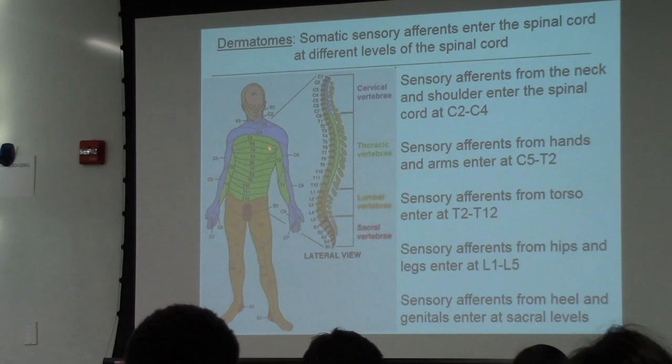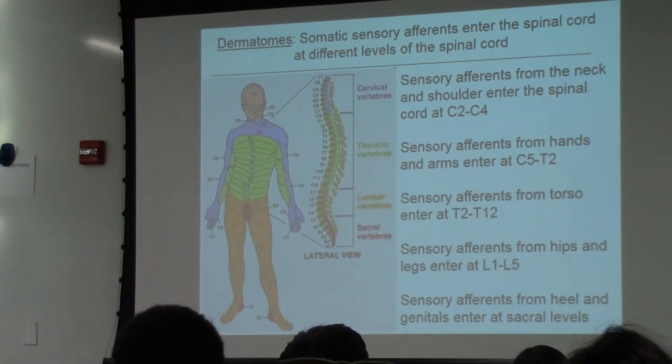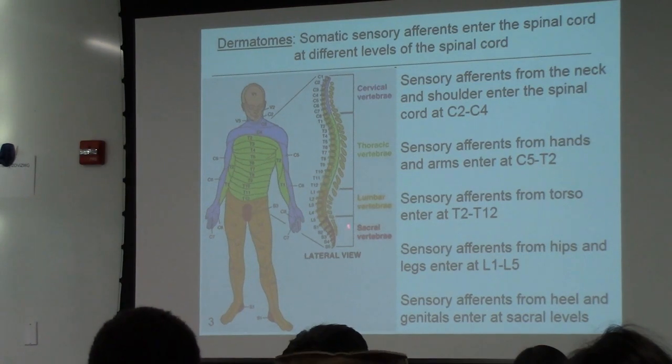Sensory afferents from the torso, T2 through T12. Sensory afferents from the legs and hip, L1 through L5. So here we're entering in this part of the spinal cord and then going up to the brain. And sensory afferents from the heel and the genitals enter at the sacral levels. So sacral 1, sacral 2, 3, 4.